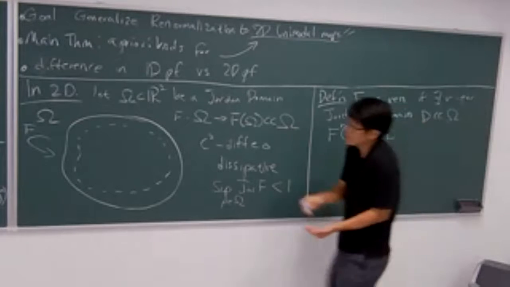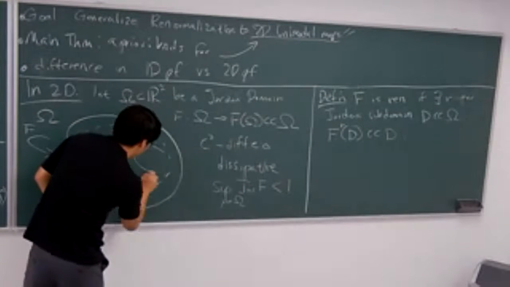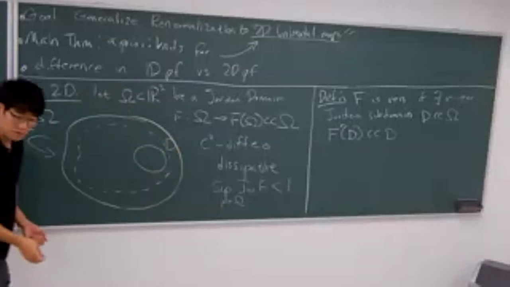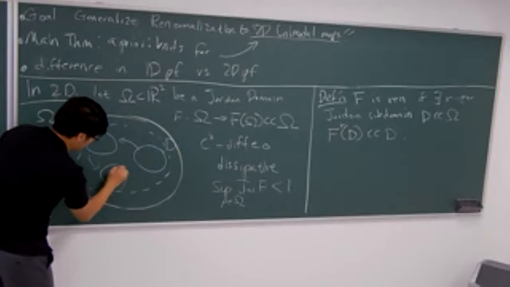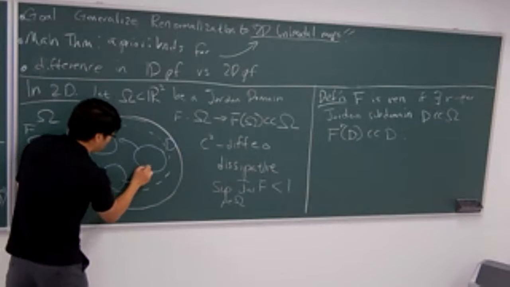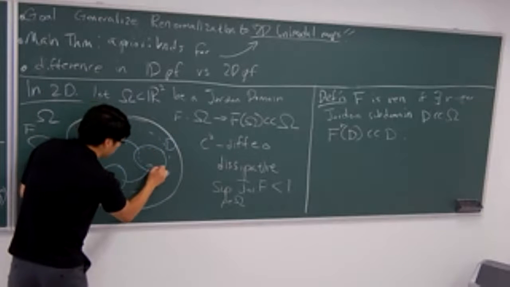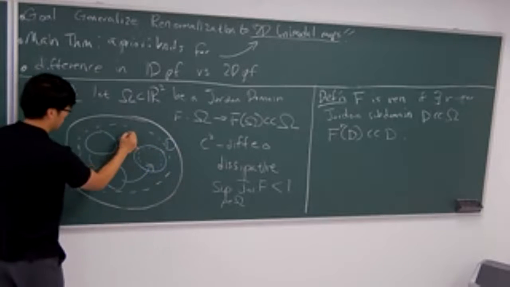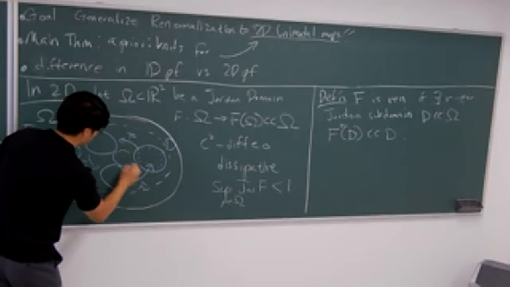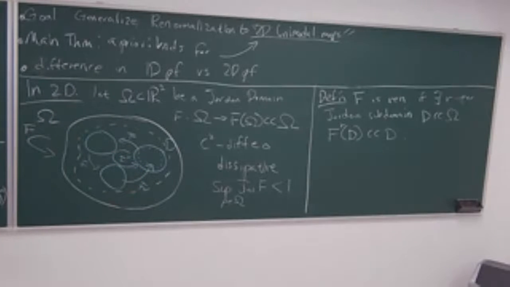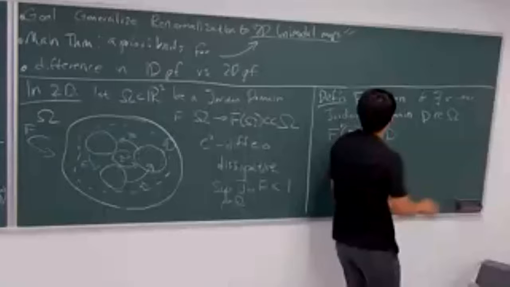So the picture looks something like this. You have some subdomain D, and then when you map it by F, it will go around the phase space, and then after R iterates, it will map it compactly. So that should be, I think, a pretty reasonable definition of what it means for F to be renormalizable.